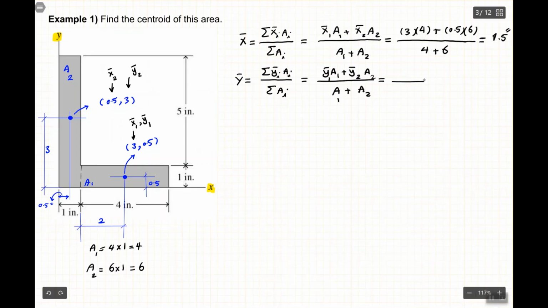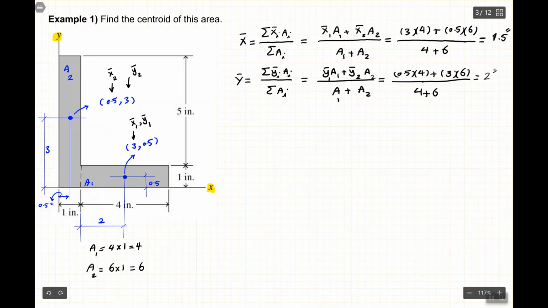And similarly for the second one, y bar 1 is 0.5 multiplied by the area, which is 4, plus y bar 2, which is basically 3 multiplied by area 6.